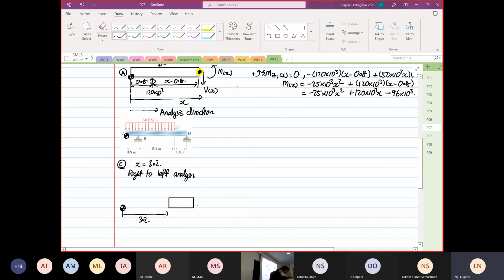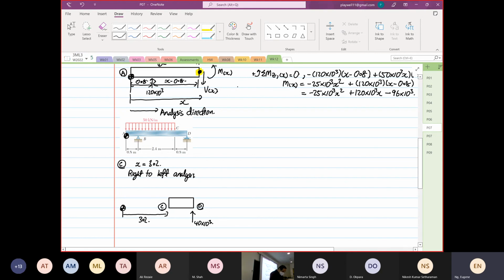So this is our point D. This is our point C. One is our point D, one is our point C. And we know we have a force down here going upwards at what? What is that value we calculated? I can't remember now, I have to look. Direction is what? 40 times 10 to the power 3. And that's it. Nothing else.